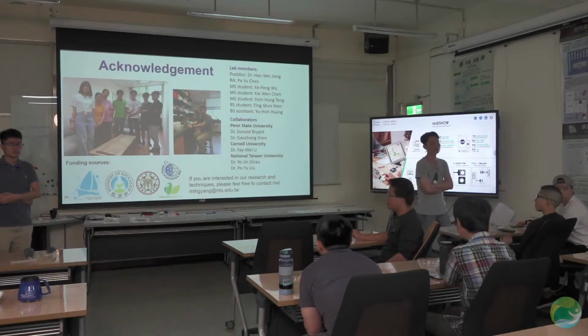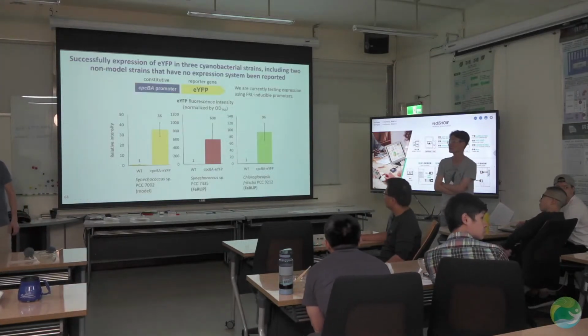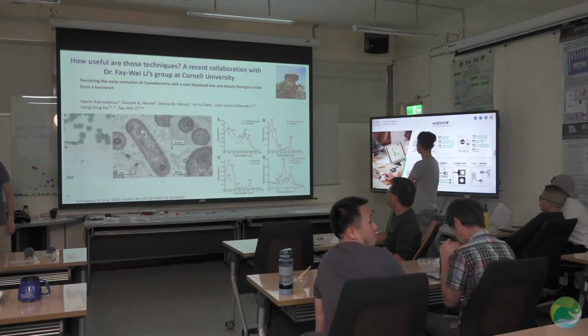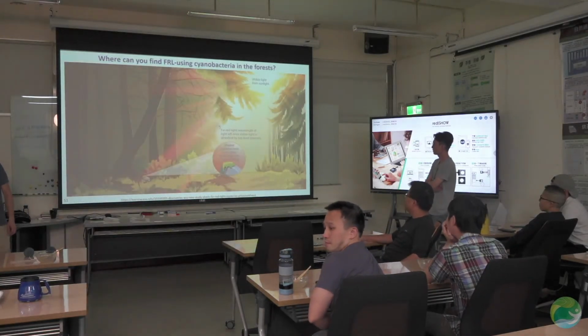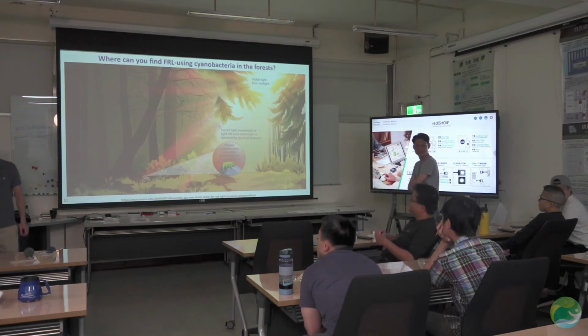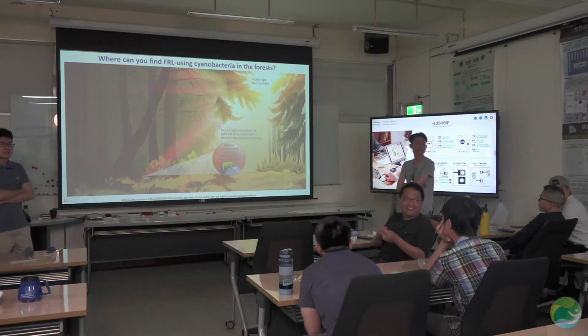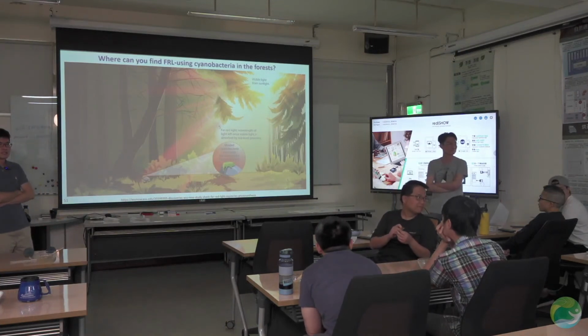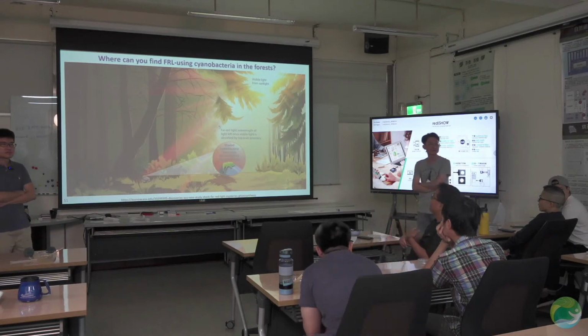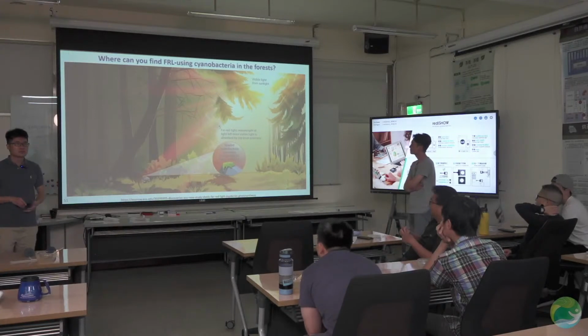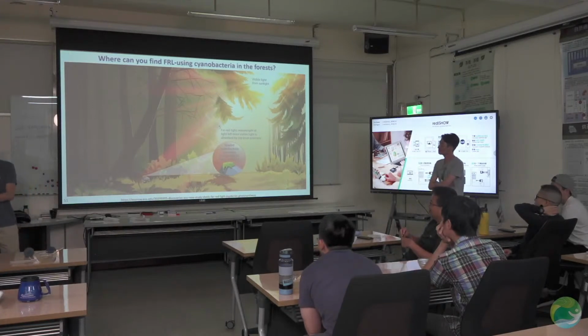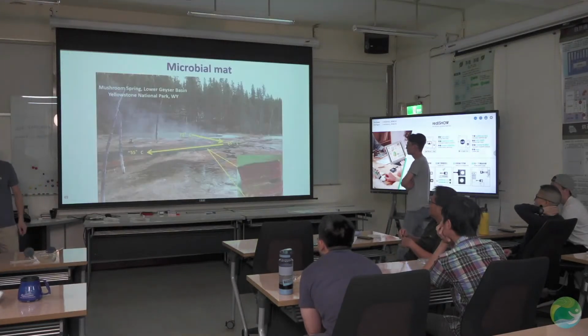Can you go back to the slide with the forest and the sunlight and the far-red light? This one? I'm not sure how much of the far-red light can penetrate to be absorbed by this cyanobacteria, like in terms of percentage.